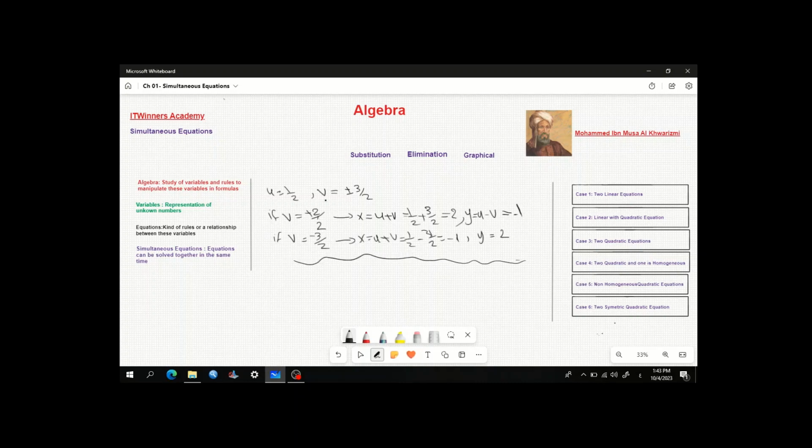Okay, if u equal to negative 6, v equal to plus or minus i times the square root of 10. Just write that: x will be negative 6 plus or minus i square root of 10, and y equal to negative 6 minus or plus i square root of 10.